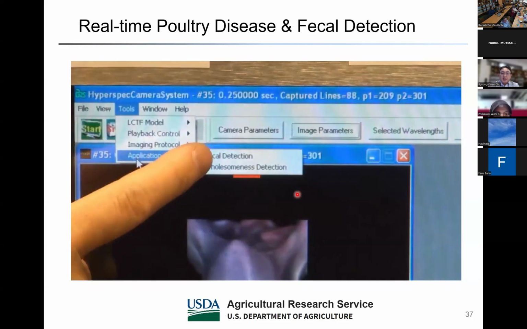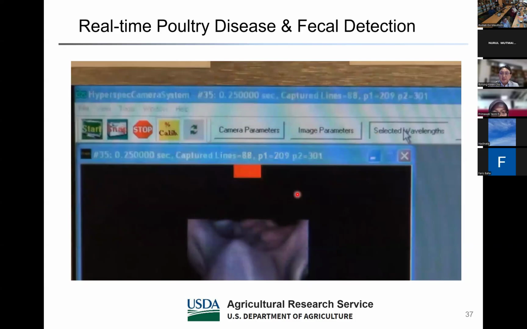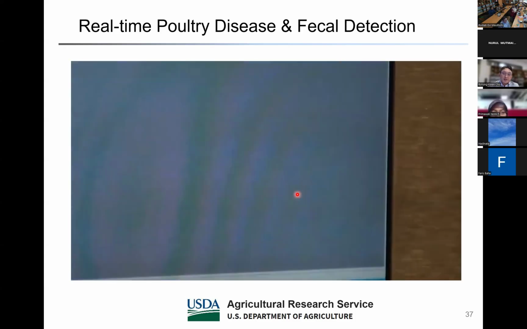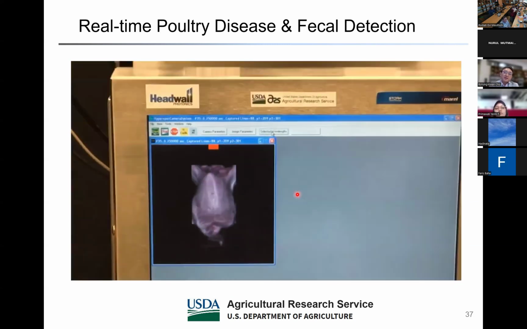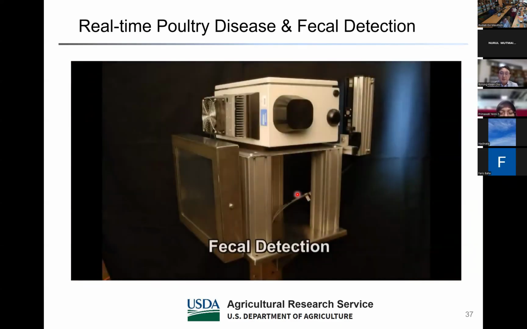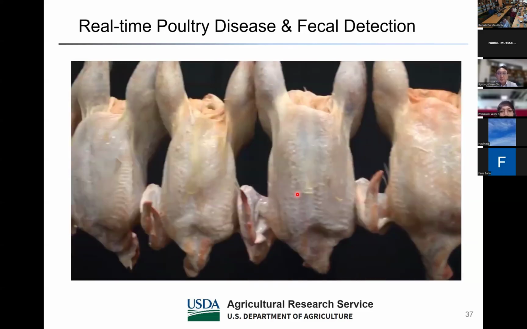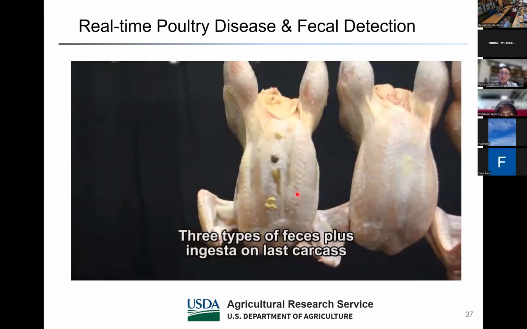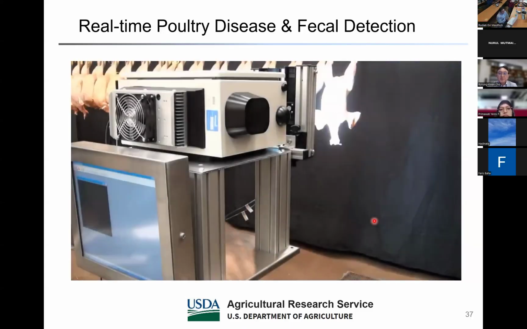They are using only 3 selected wavelengths here. A combination of 3 wavelengths, they can identify the fecal area. It's very simple, right? You don't need a comprehensive model, just a combination of 3 wavelengths. You can identify the contaminated surface.